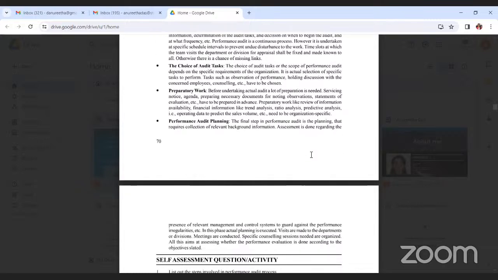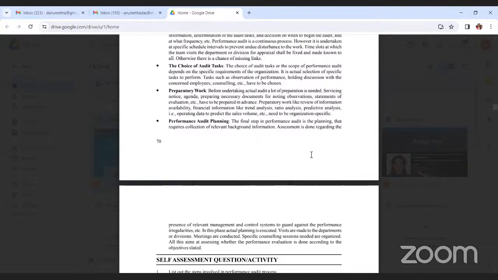Choice of audit tasks. It is the actual selection of the tasks to perform. What is preparatory work? Preparatory work is information or financial information, the ratio, the predictive analysis, all these things that have to be considered.